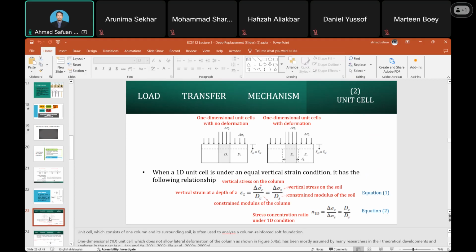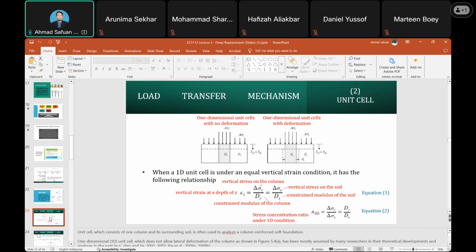The vertical strain at depth Z, strain Z, is equal to the vertical stress on the column, delta sigma C, over the constrained modulus of the column, DC, equal to delta sigma S, the vertical stress on the soil, over the constrained modulus of the soil.